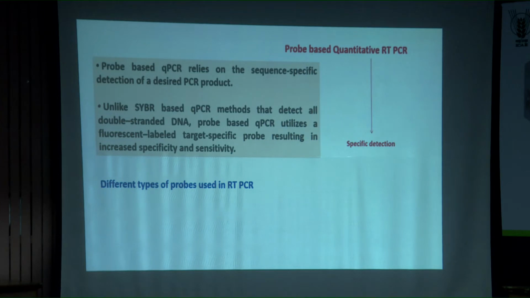In probe-based quantitative real-time PCR, you have, I won't call it a primer, I would call it a probe. That probe is a kind of short primer, there is no difference, except that it is designed from a region close by to the original primer you designed already. You got it?